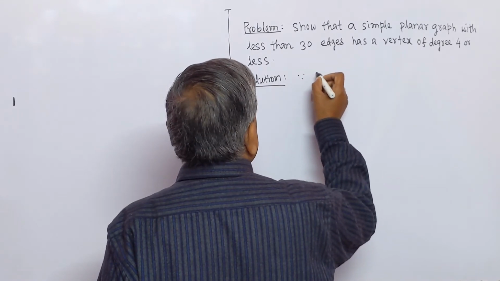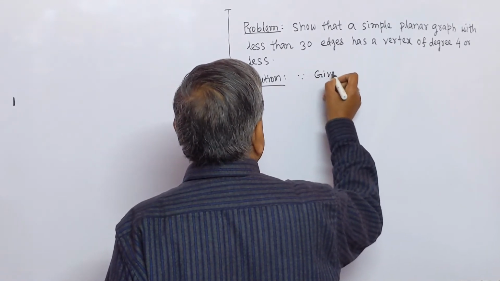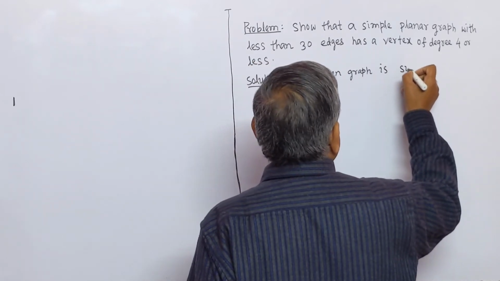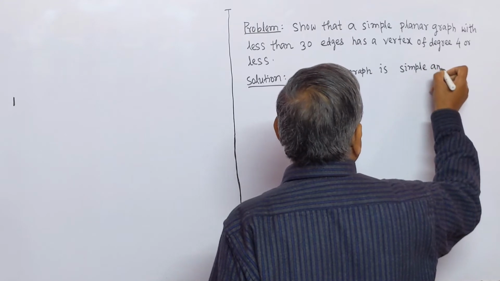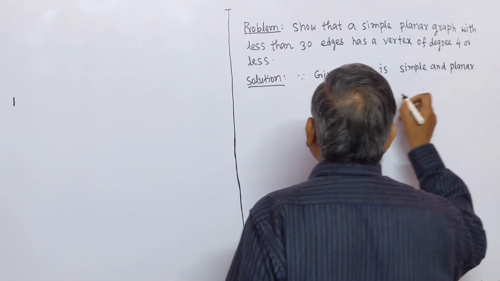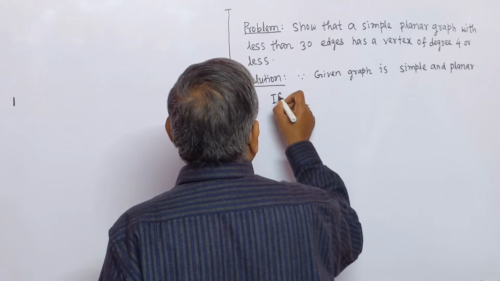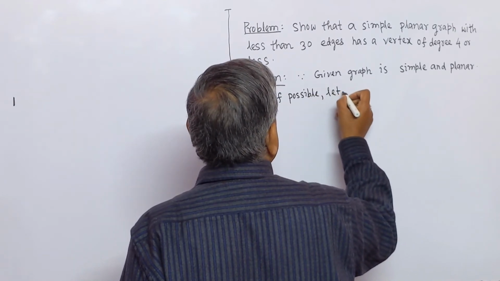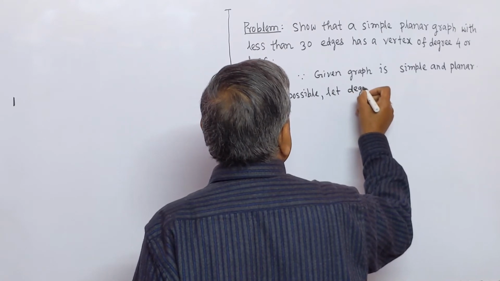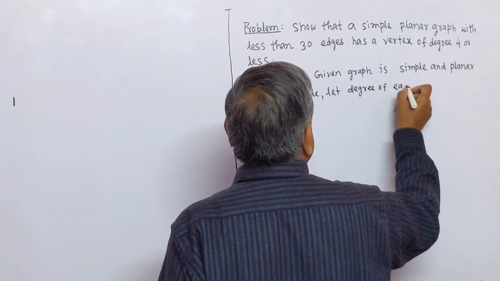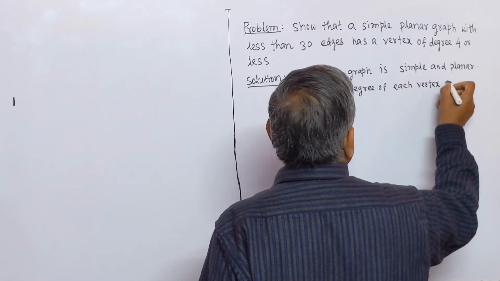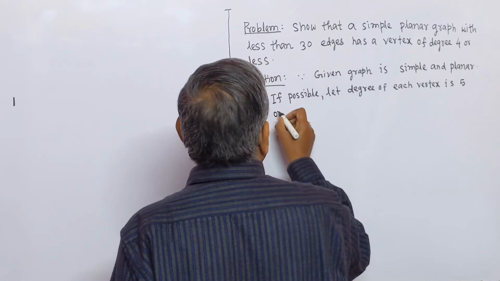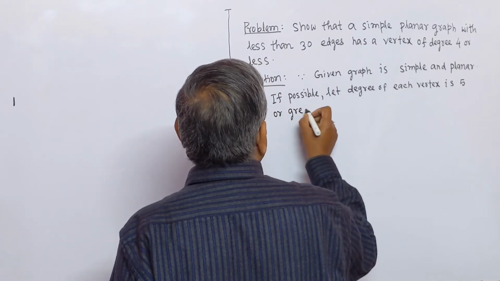Since the given graph is simple and planar, if possible, let the degree of each vertex be 5 or greater than 5.